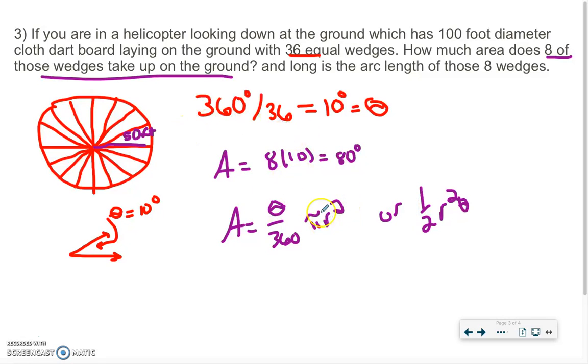And since we're already in degrees, I'm going to leave this in degrees. So we're going to go 80 over 360 times pi with the radius of 50 squared.